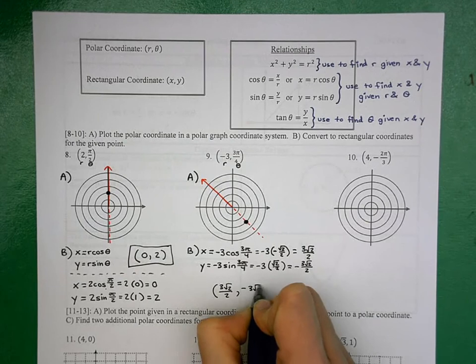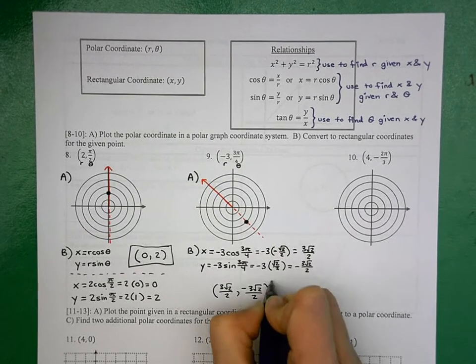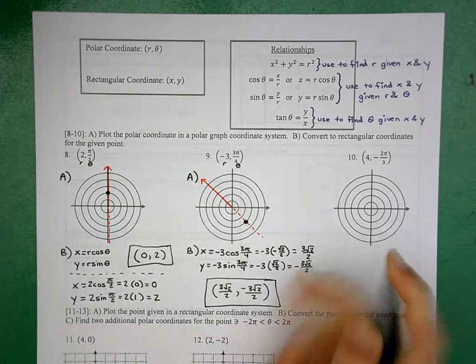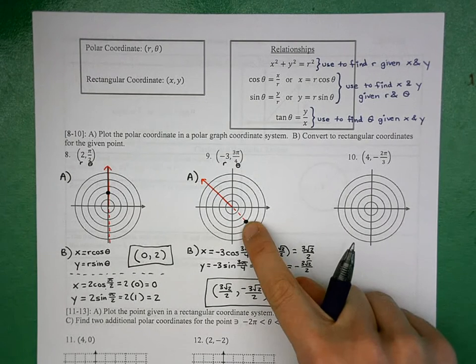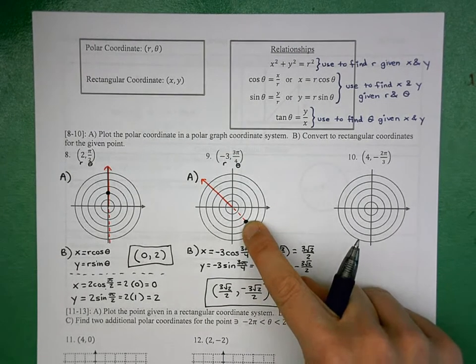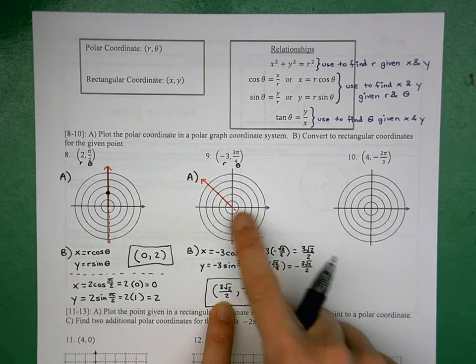And again, I always recommend doing a quick double check. I have no idea what 3 √2 is, but roughly speaking I know kind of-ish where that would be. And if nothing else, I definitely know the direction. I can at least check my quadrant. Does my quadrant make sense? Because I know this ended up in the fourth quadrant of a rectangular system. Well, my x here would be positive, y negative.